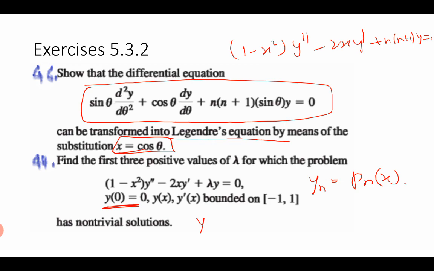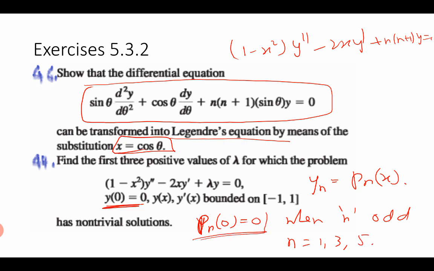You know that y of 0 is 0 means only Pn of 0 is 0 for when n is odd. This is 0 only for n odd. Therefore the choice of n should be 1 and 3 and 5.